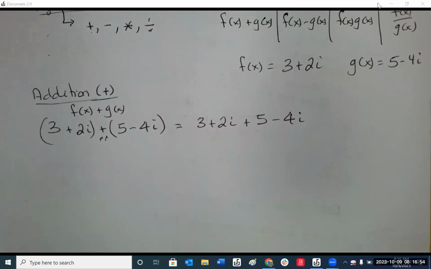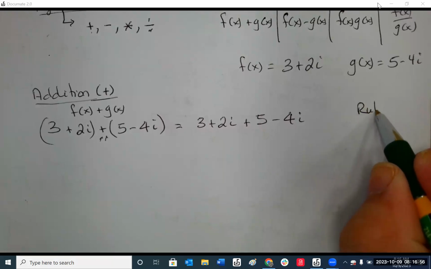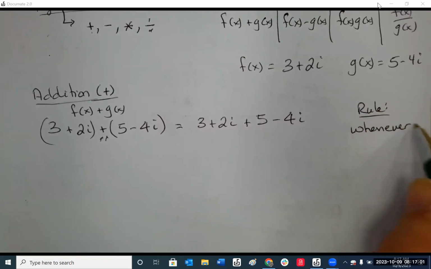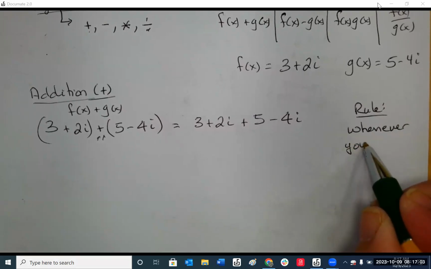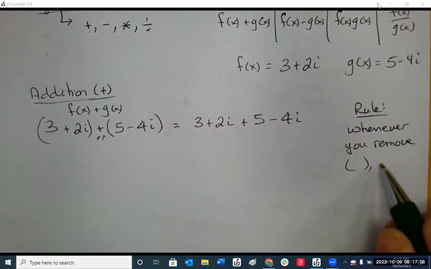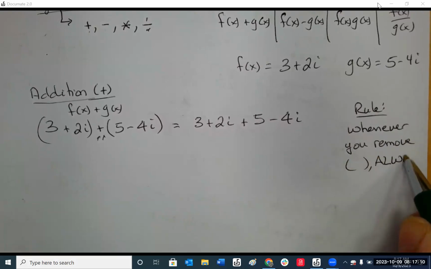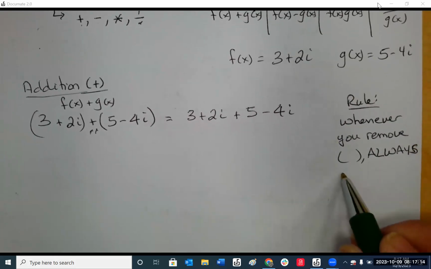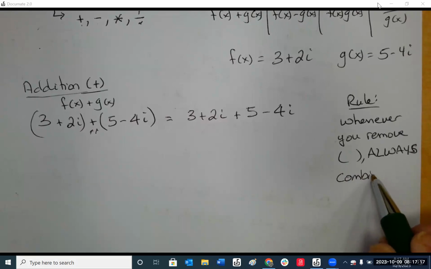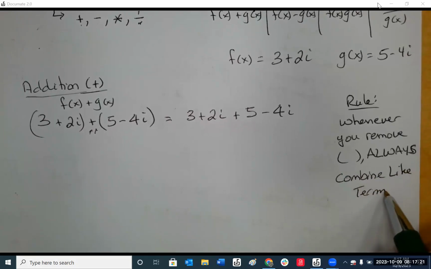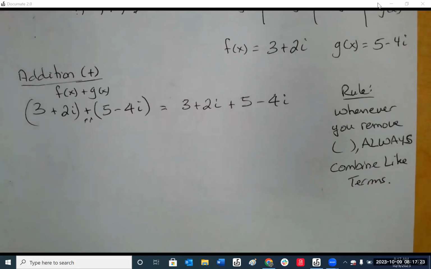The rule in math is, whenever you remove parentheses, always combine like terms. So whenever you get rid of parentheses, the next step should always be combine like terms.